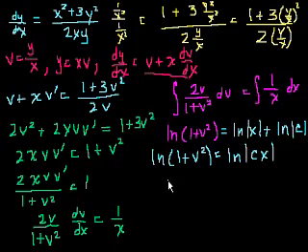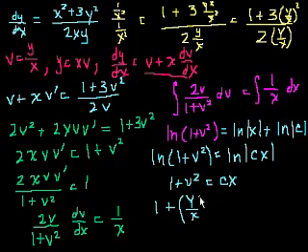So we could say that 1 plus v squared is equal to cx. And now we can unsubstitute. So we know v is equal to y over x, so let's do that. So we get 1 plus y over x squared is equal to cx.